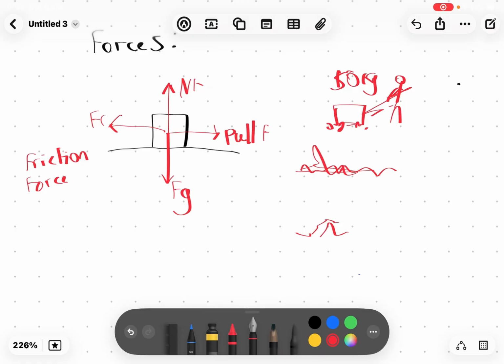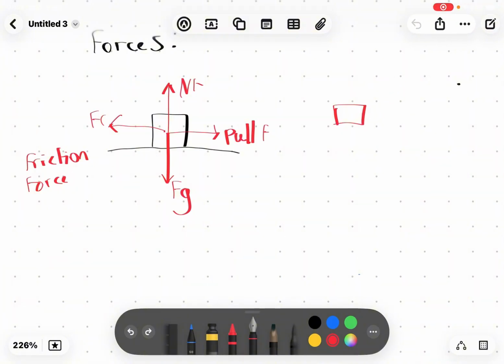So basically what friction is, it makes you use more power. It takes away from the power that you're using. You're using power to pull it, but you're also using power to actually make it move from the ground, if that makes sense.